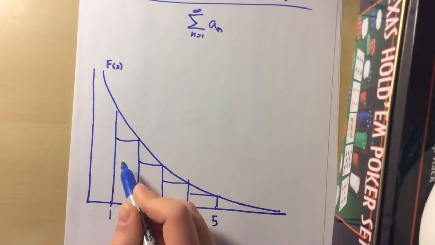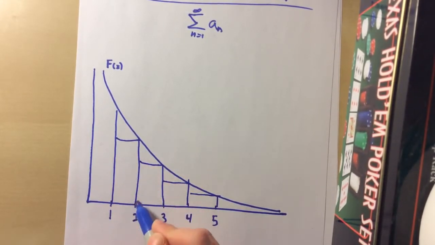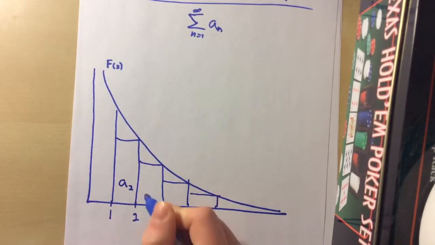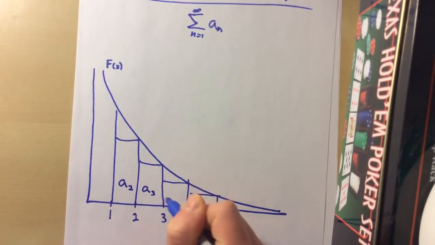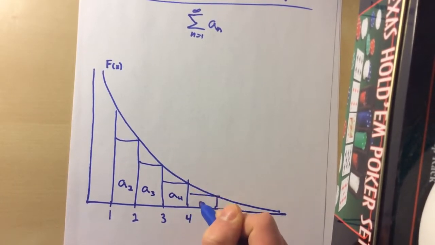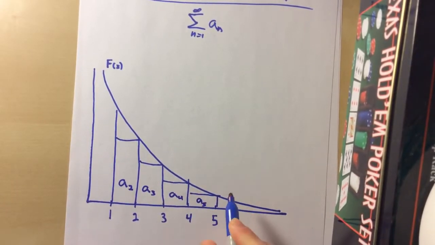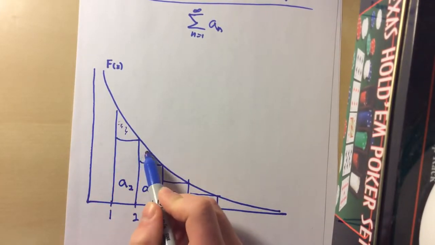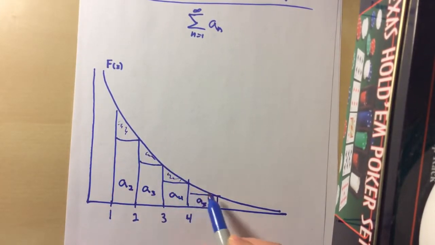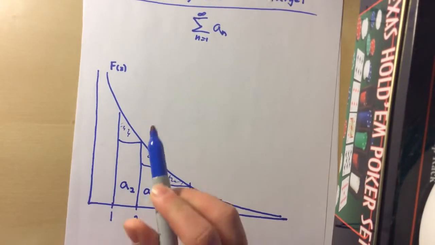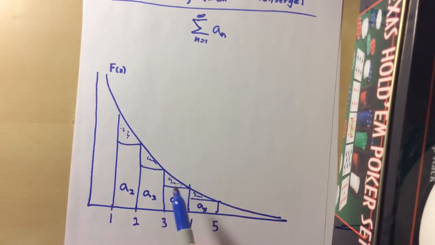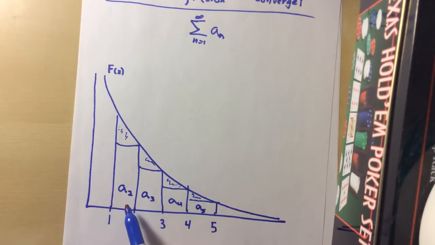And our first term, well, this is an a sub 1, this is now a sub 2, and this is a sub 3. This is a sub 4, this a sub 5, and that goes on and on and on. And this area right here shows us that it is less than a converging integral. So that doesn't show us that this whole thing is less than the converging integral, because we're starting at a sub 2.